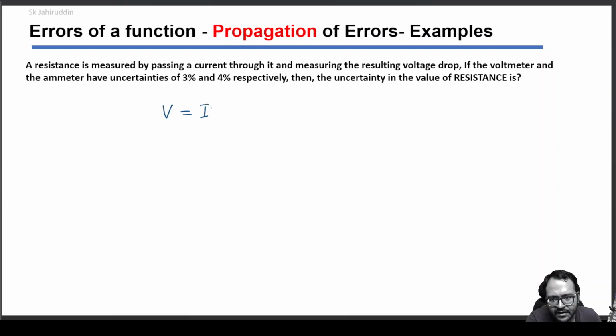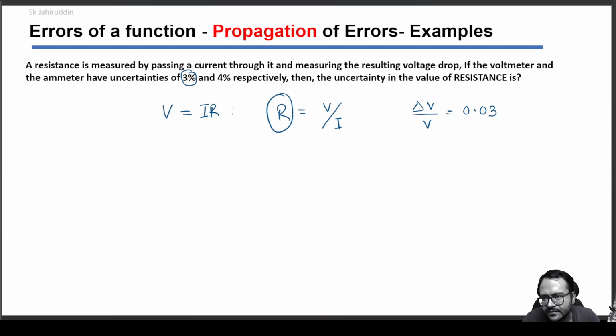V equals IR, so R is V by I. I want to measure R. The voltmeter and ammeter have uncertainties of 3%, which means delta V by V is 0.03, and 4% in the ammeter, that means in current, delta I by I is 0.04.